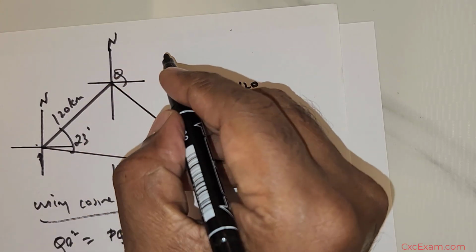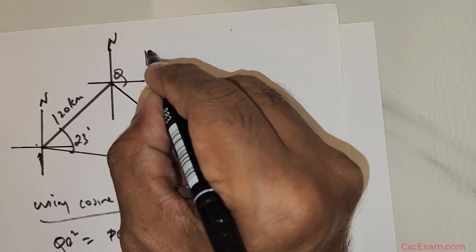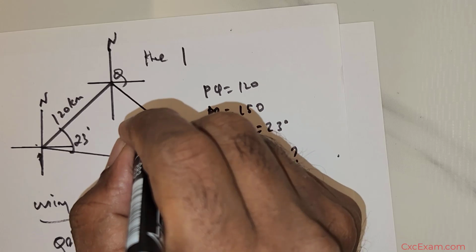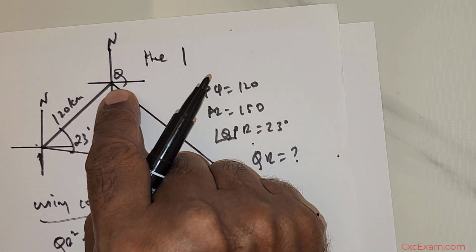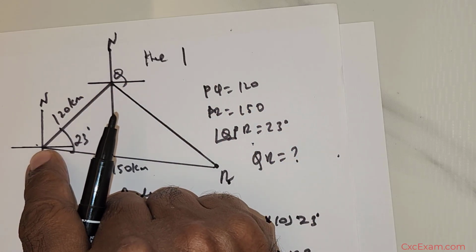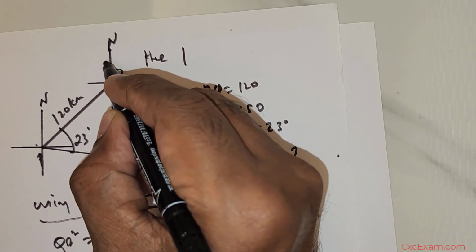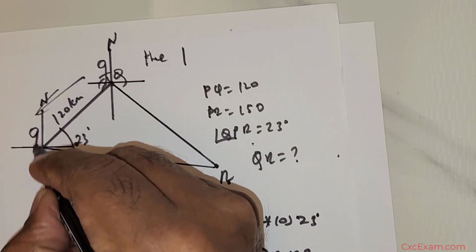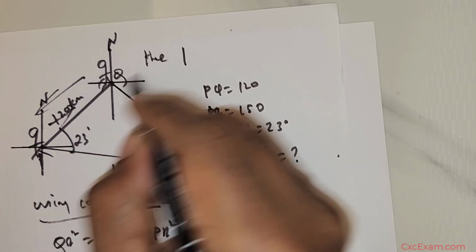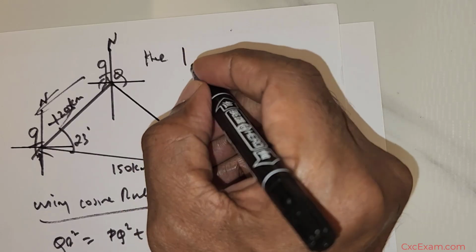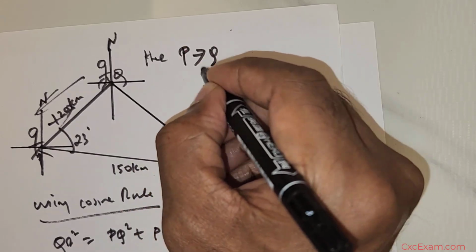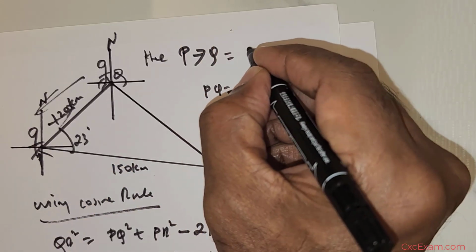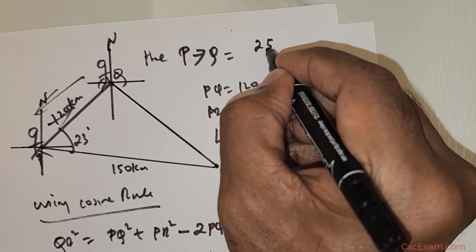Now what I want to find out is the bearing of Q from P. That means initially you are standing here and you are looking towards P. Now you have to stand in this direction and look towards Q. So for that, this is required from P to Q. So the angle given is 252.